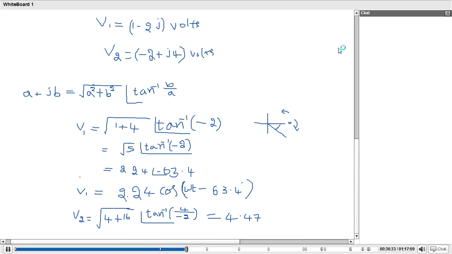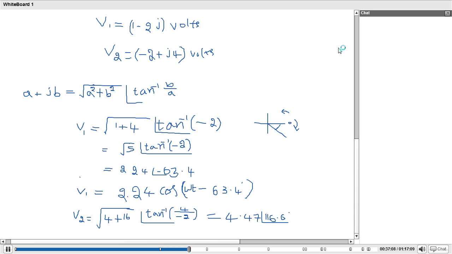So tan inverse of 4 by minus 2 means pi minus tan inverse 2. Pi is 180 degrees minus tan inverse 2, so 180 degrees minus 63.4. Correct? Sir, it is 116.6. Yeah, correct. So this is V2 in polar form.